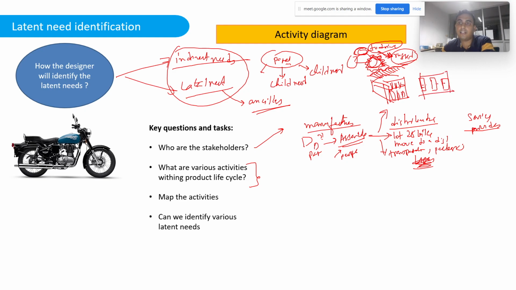So these are requirements which come from how you can distribute this particular product from the manufacturer. Similarly, when you are assembling, you need to know in detail how to design each part so that one fits to the other in a seamless manner, and at the end you have the bike.